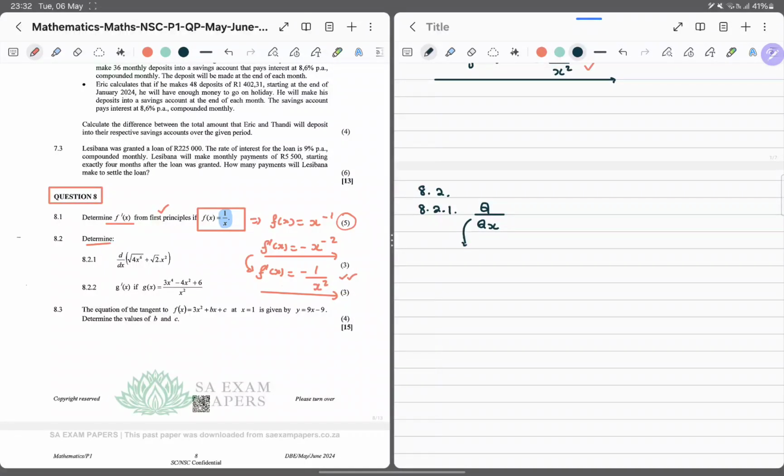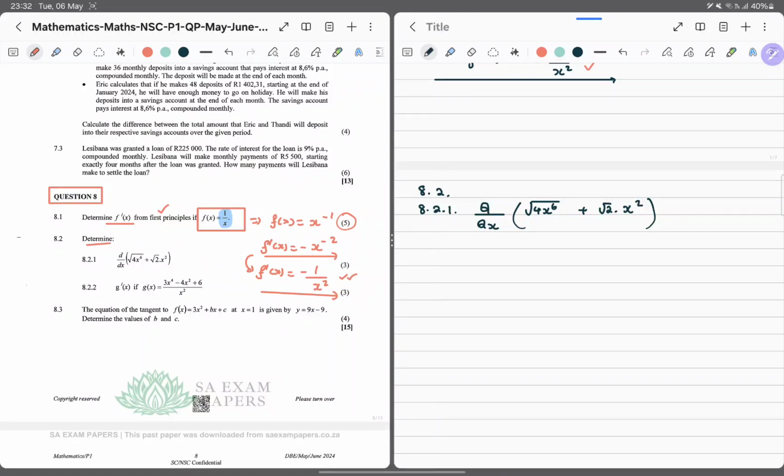This notation is similar to dx, the capital letter D, so don't ask me what this is. Okay, so we have the square root of 4x to the exponent 6 plus the square root of 2 times x squared. Be careful, the x squared is outside the root.